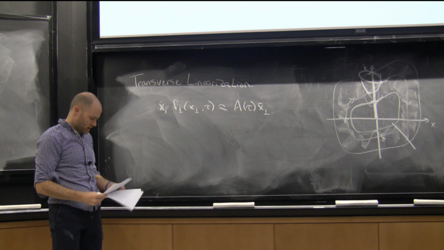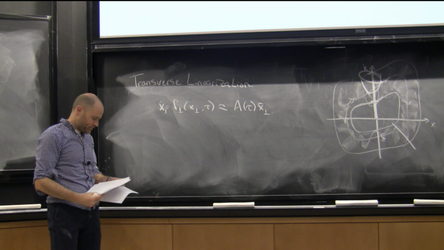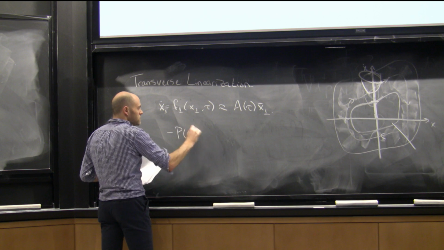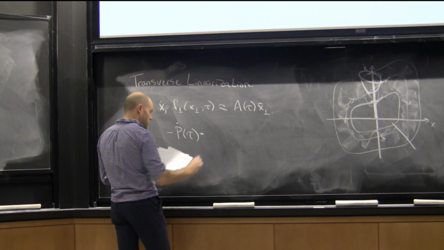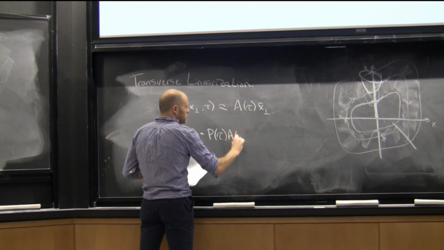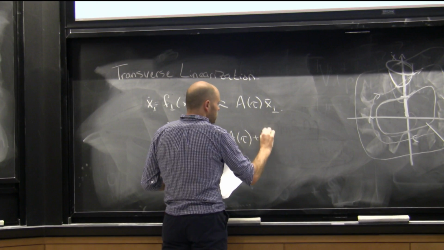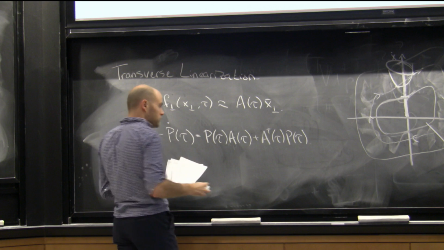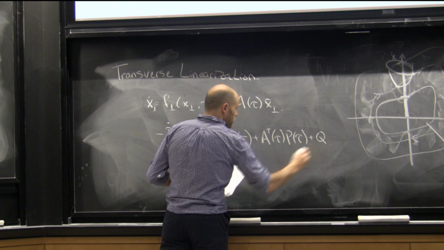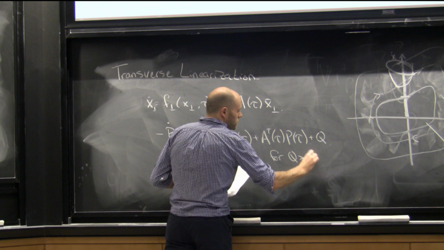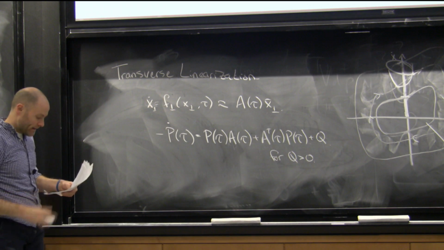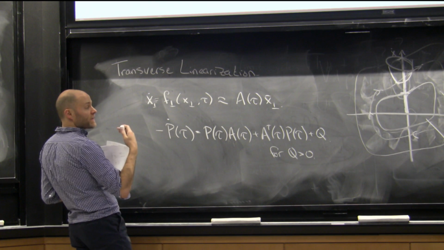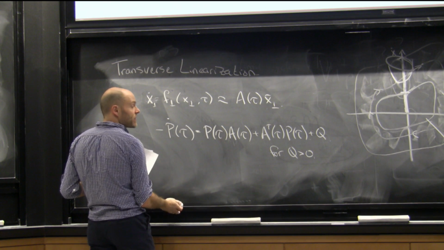So I skipped over it, but it turns out I can solve the Lyapunov equation, and in the case of a limit cycle, I have to have this periodic solution.